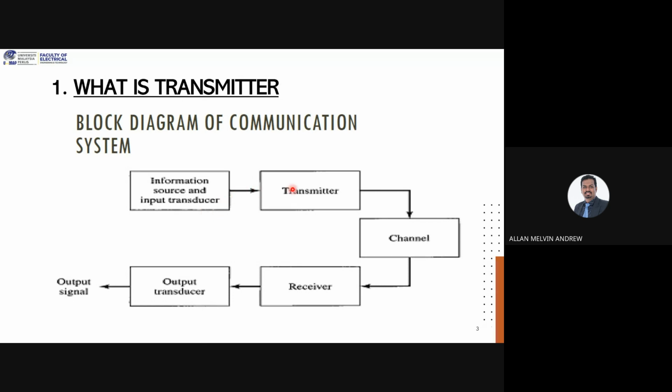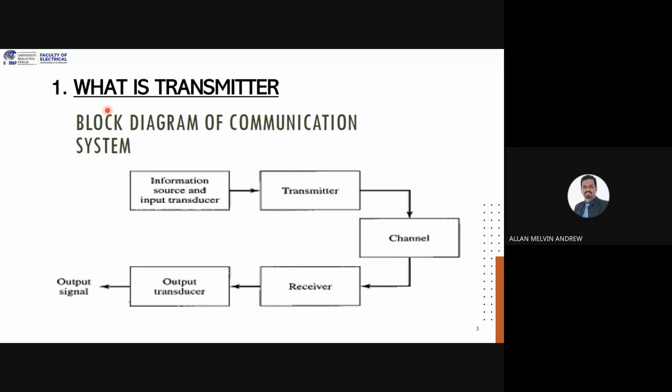It will pass to the transmitter, and the transmitter will pass the information to the receiver through a channel. Then you will have output transducers, for example a speaker, and you can hear whatever information was passed from the beginning. It will be the output signal. So this is the basic block diagram of a communication system.